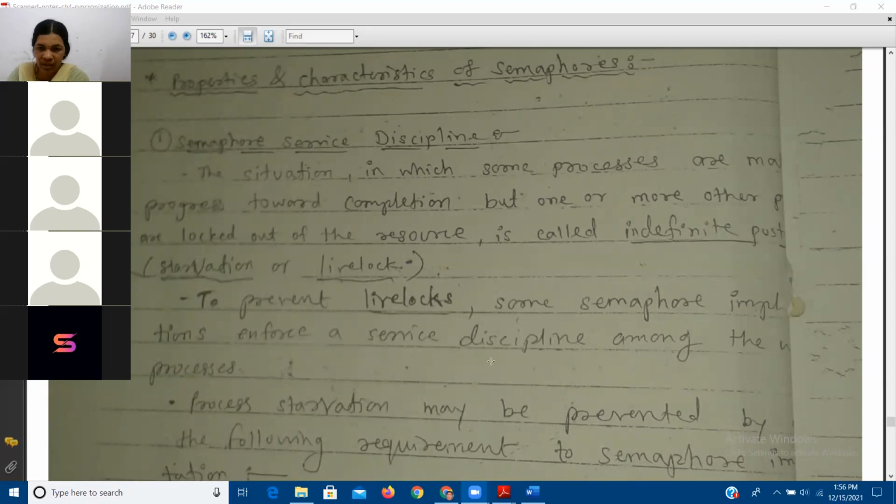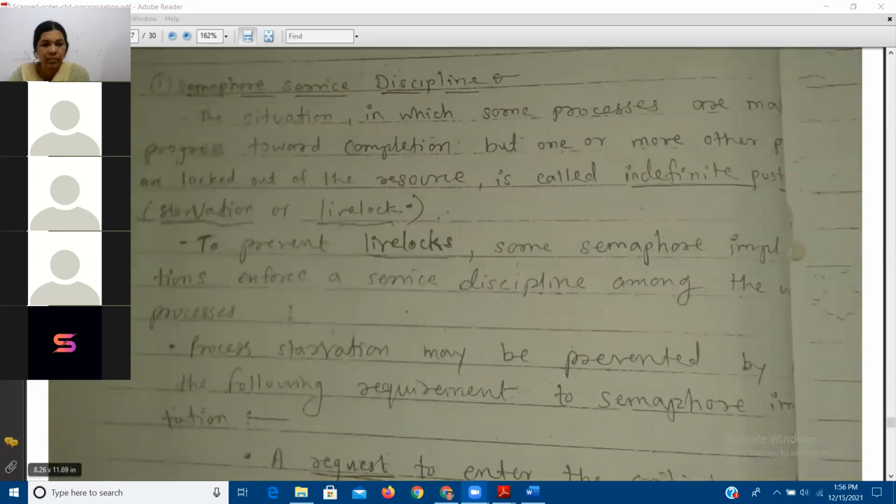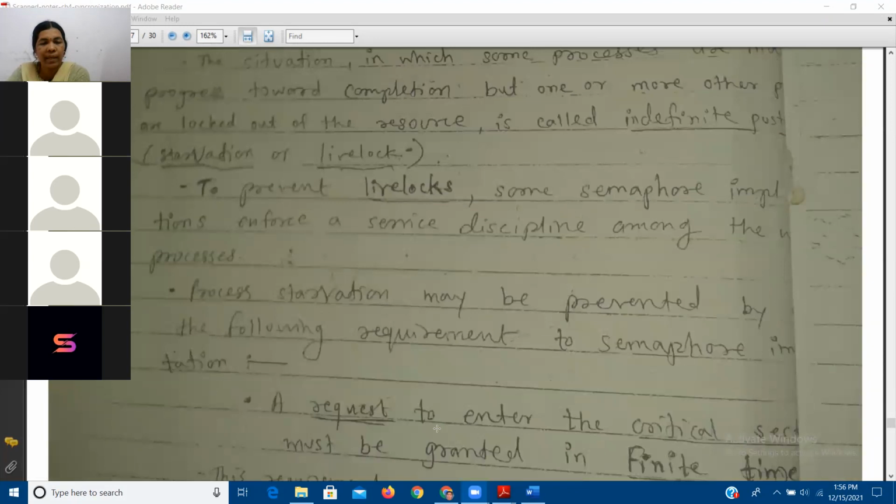To prevent livelocks, some semaphore implementations enforce a service discipline among the processes. Process starvation may be prevented by following a requirement in the semaphore implementation.